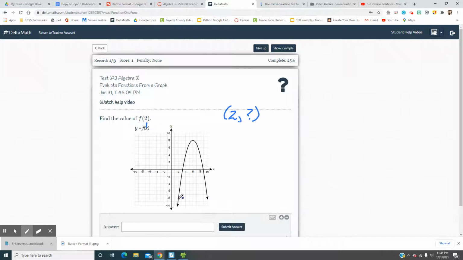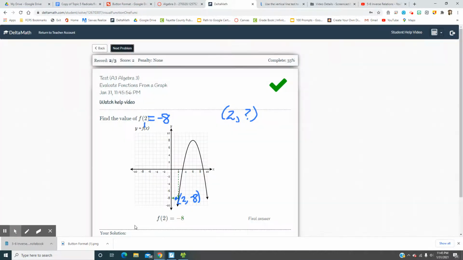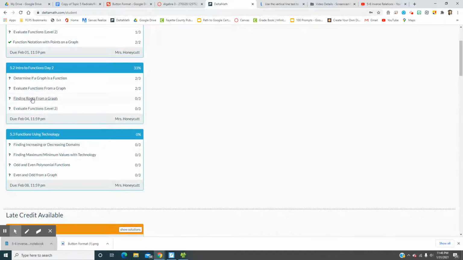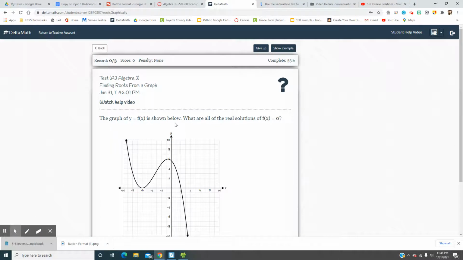I have to look really carefully, but it looks like it hits right here at the point 2, comma negative 8. So the y would be negative 8, so f of 2 looks like it would be negative 8. So I'll enter in negative 8, check to see if that's right. And it is.